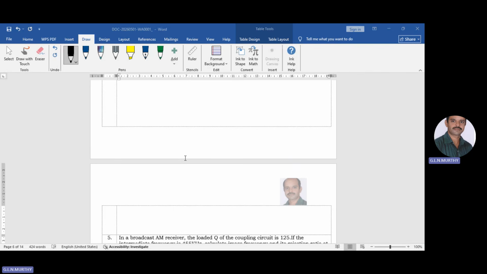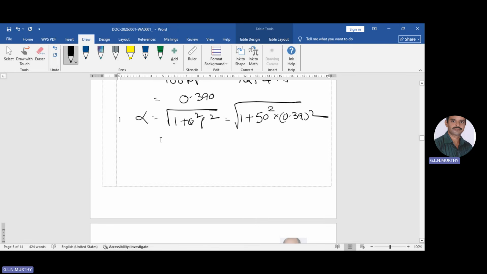Check the value yourself. The value will be around 19.5. Confirm this and estimate the alpha value, maybe 19 point something. Now let us go for case 2.